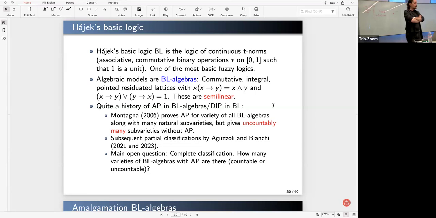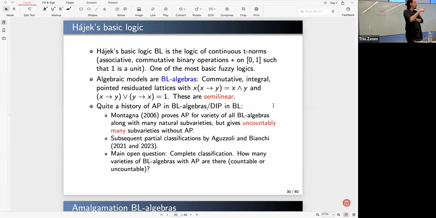And he gives uncountably many subvarieties that don't have the amalgamation property. He also shows, talking about things corresponding to Craig interpolation, that the ones that have it are just the superintuitionistic extensions. There are only two of them that have Craig interpolation, namely the ones that are Heyting algebras.